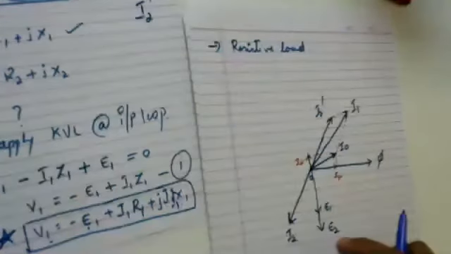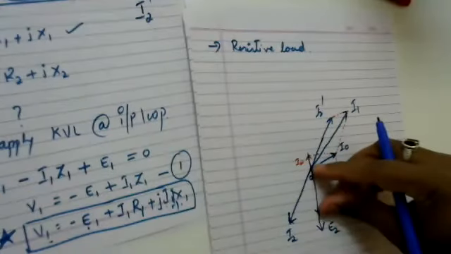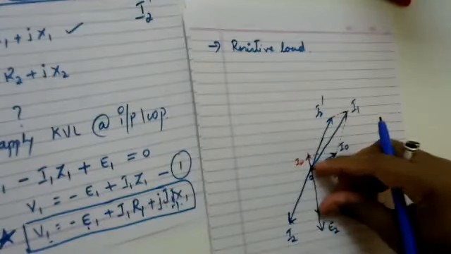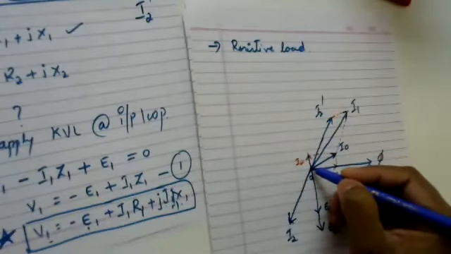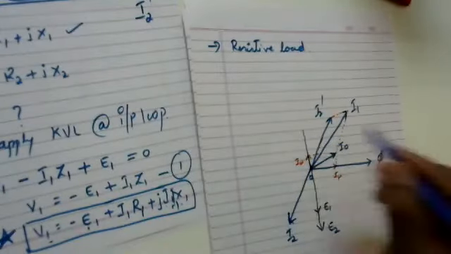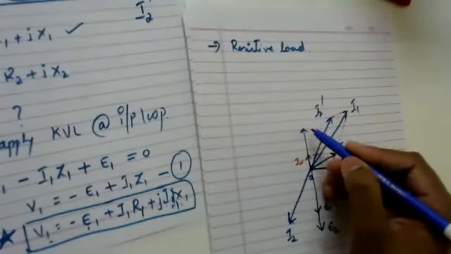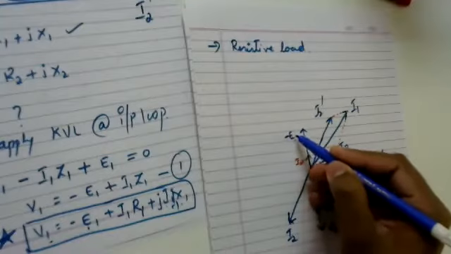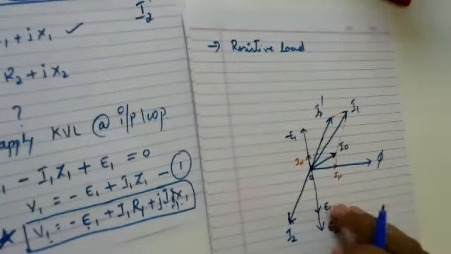If this is E1, how will be my minus E1? The same vector E1 has to be projected in an opposite manner, right? So I have to show my E1 somewhat like this. So this will be my vector minus E1. Agreed? So I've got this minus E1 now.